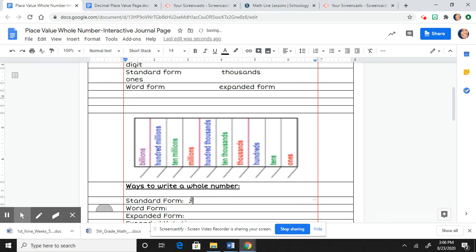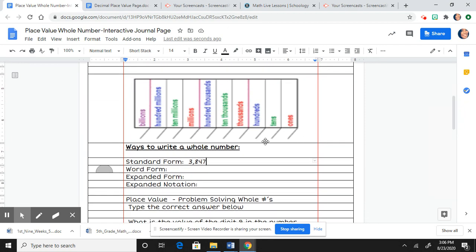Now, there are several ways that we can write a number. The first way is standard form. Let's take a look at the number 3,847. We're going to write this number in word form, which just means we take the number and write it in words.